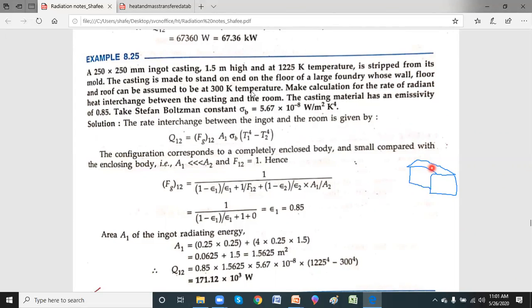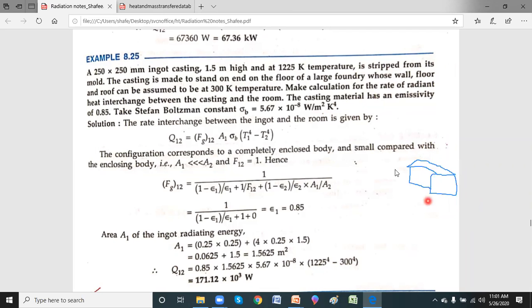And what is the height here? 1.5 meters. So this particular depth or height, the length here, is nothing but 1.5 meters. And it is stripped from its mold. So the casting is at 1225 Kelvin temperature.